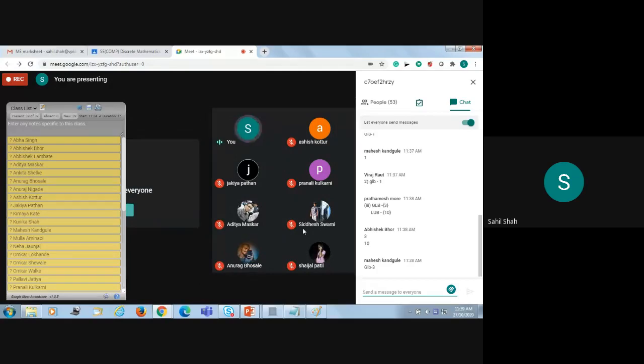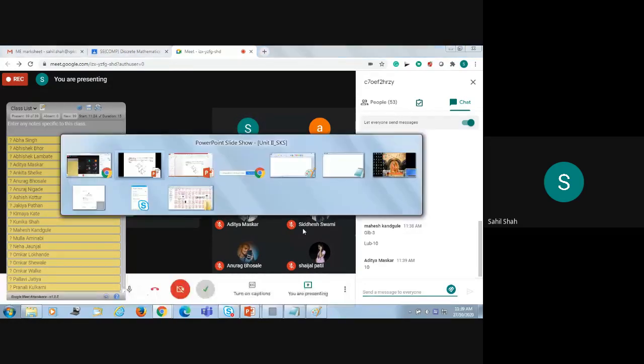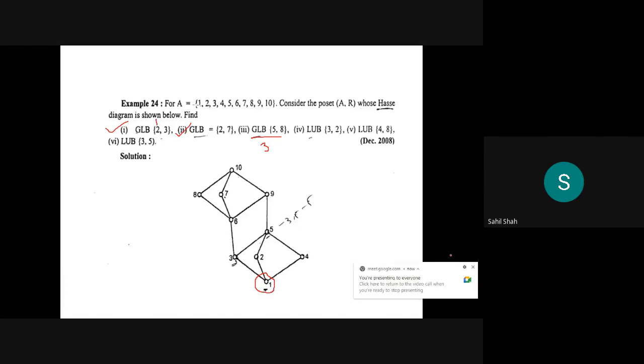See, I am taking the example which was asked in 2008, almost 12 years back. Check out the upper bounds: for 8, only 10; for 5, 9 and 10. Which one is common? 10. So 10 will be the least upper bound of 5, 8.